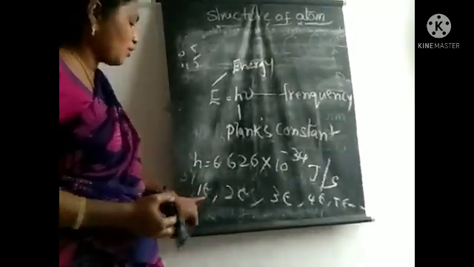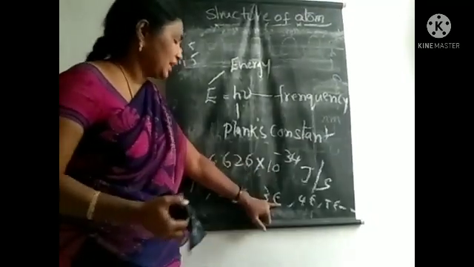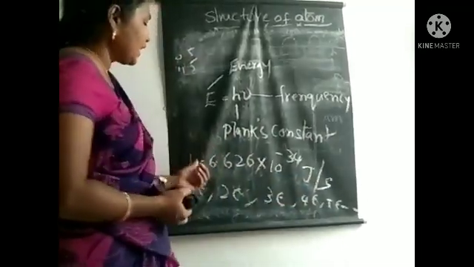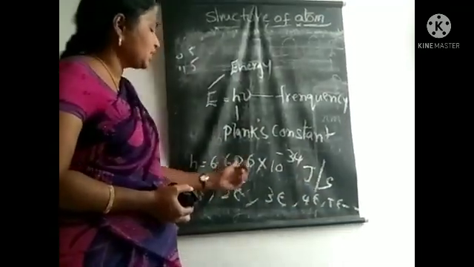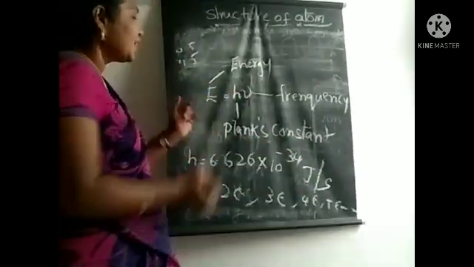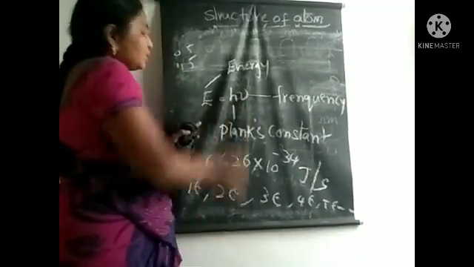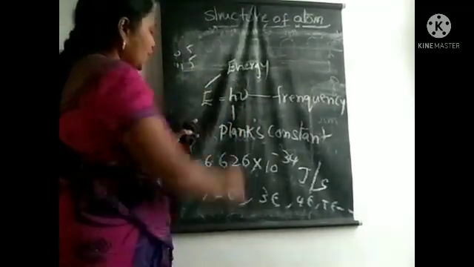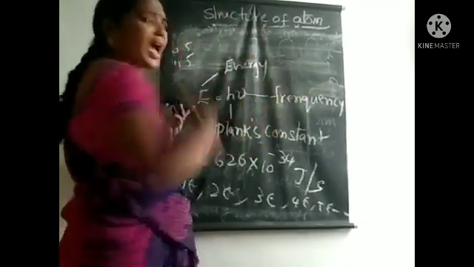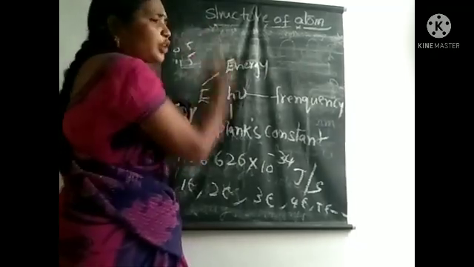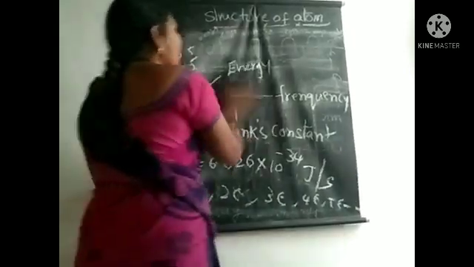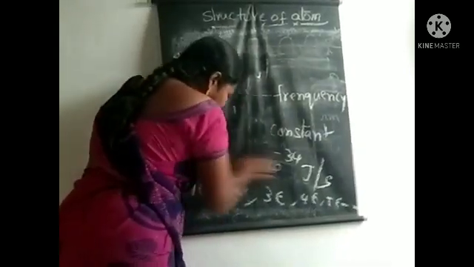E means energy, and h is Planck's constant, 6.626 into 10 to the power of minus 34 joule seconds. Since h is a constant, we can also say that if energy is high, frequency is also high.